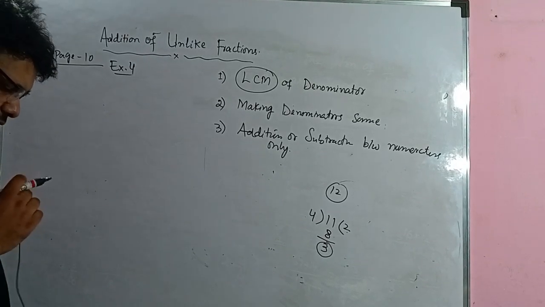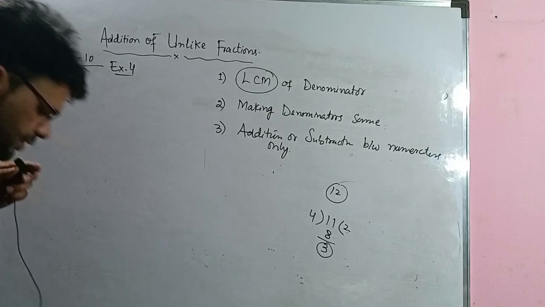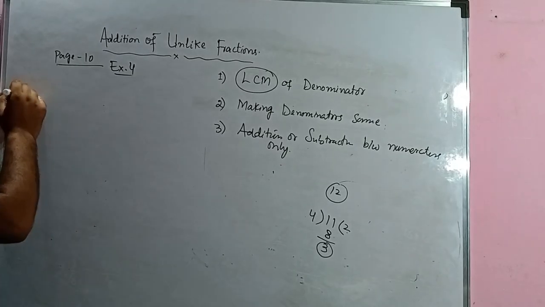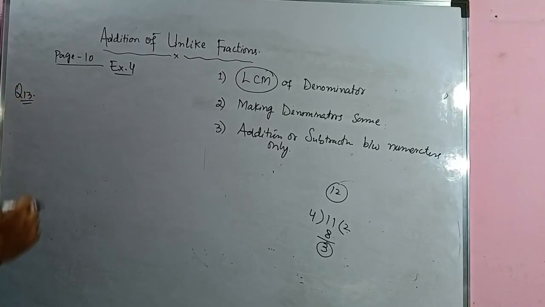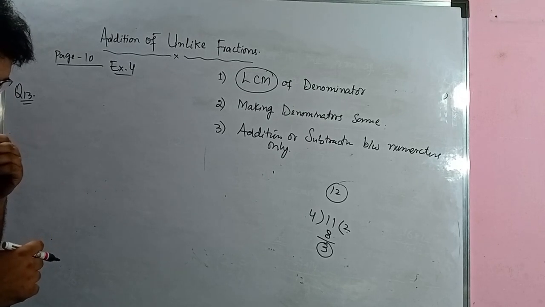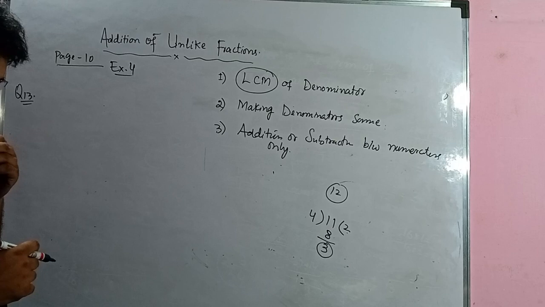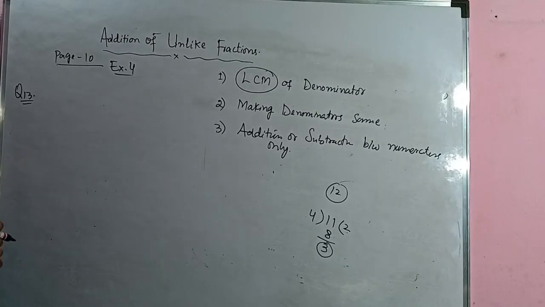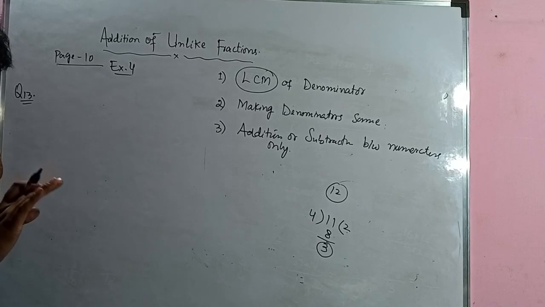Now you can see question number 13 from the same exercise. Lai does 1/4 of her homework before dinner and a further 1/3 after dinner. Lai is a girl.